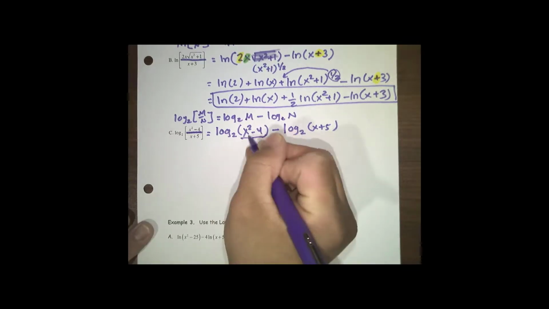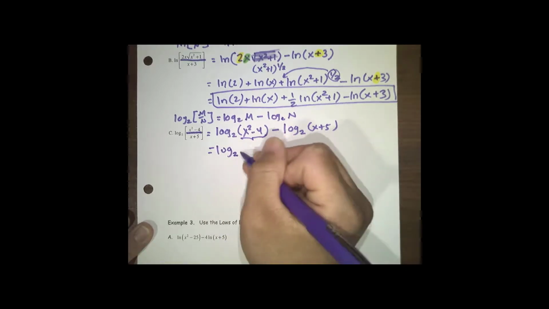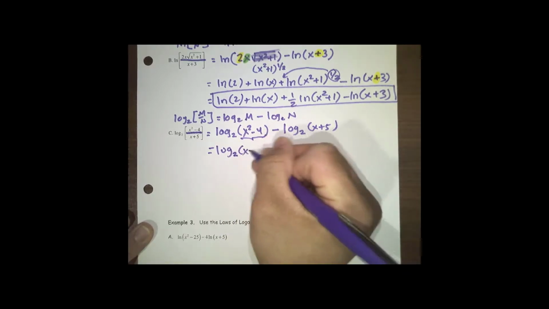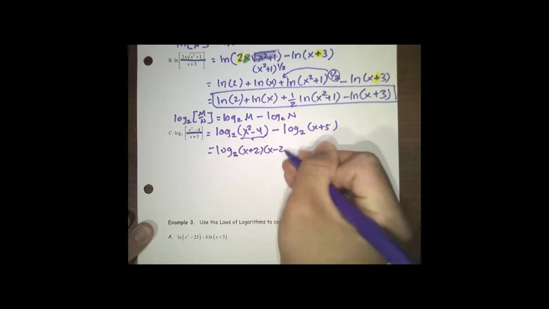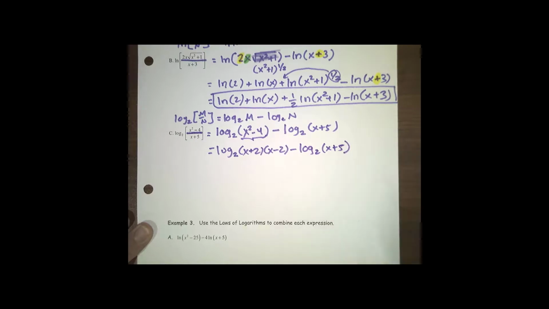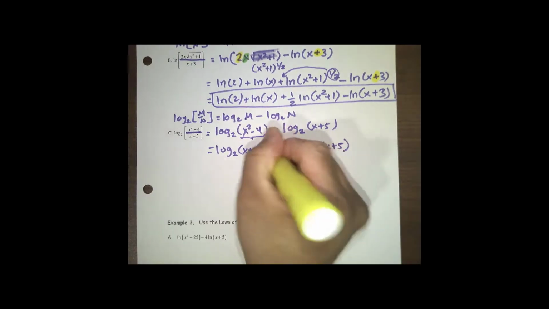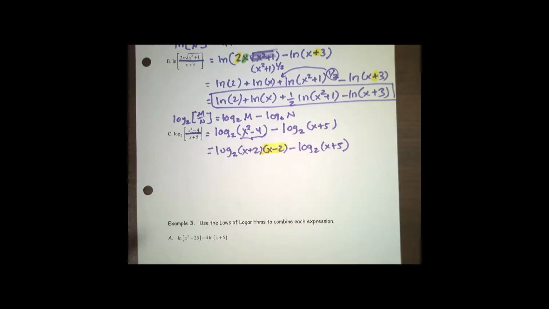Now here I can factor x squared minus 4 into x plus 2 times x minus 2. So I have log base 2 of x plus 2 times x minus 2 minus log base 2 of x plus 5. And now I see that there's even more to be done, because I have 2 factors that are multiplied together here.